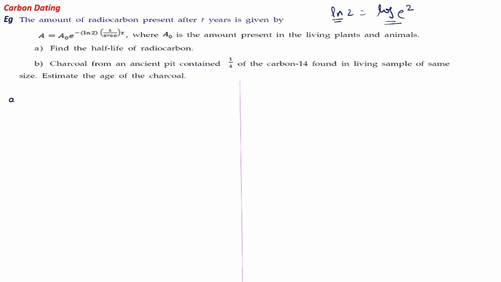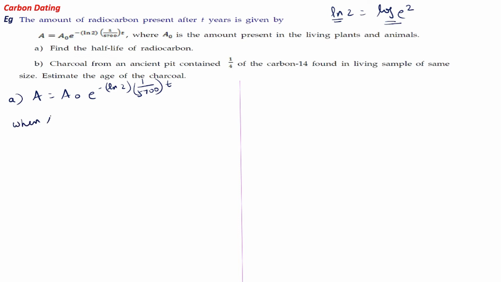Now coming to the first subdivision, the model is given as A equals A naught into e raised to minus ln 2 into 1 by 5700 t. We need to find the half-life of radiocarbon. Half-life of radiocarbon means here the mass has become half.